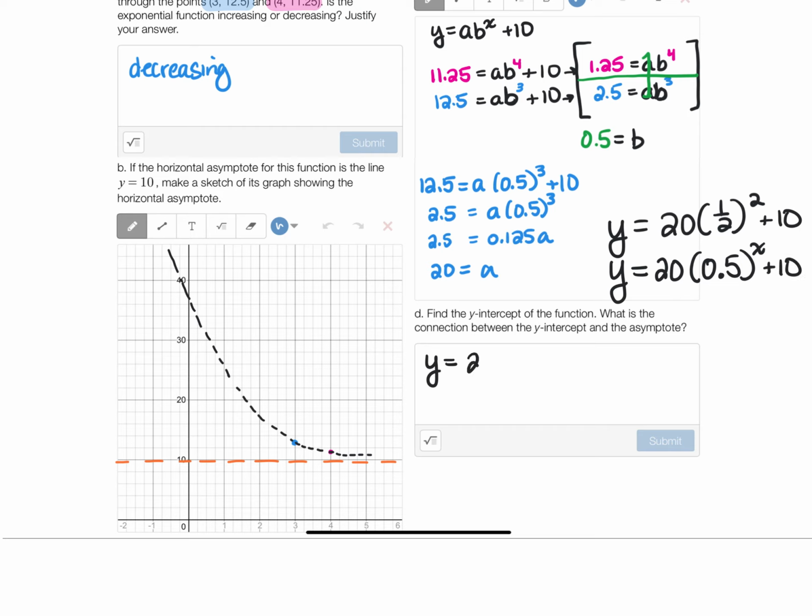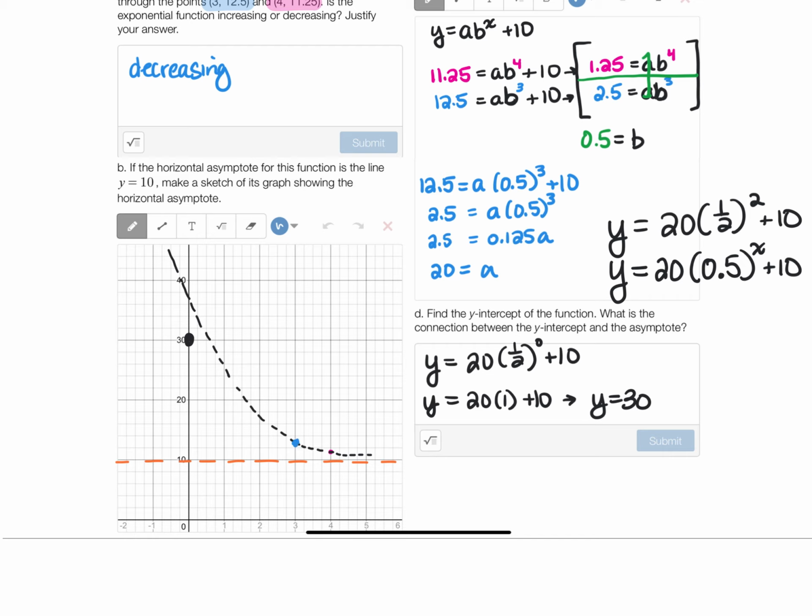Y equals 20 times 1/2 to the 0 power plus 10. And then it's just a matter of simplifying. So I know that 1/2 to the 0 power, anything to the 0 power is just 1. So what I really have here is 20 plus 10, so y equals 30. So my y-intercept is 30.